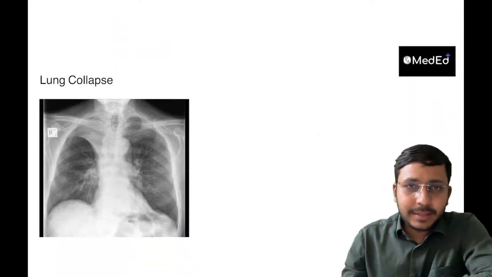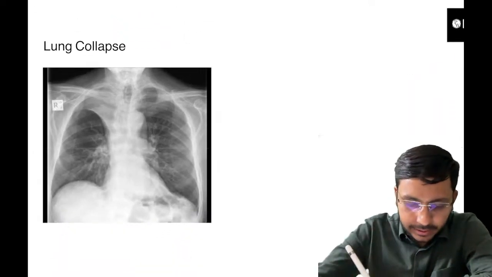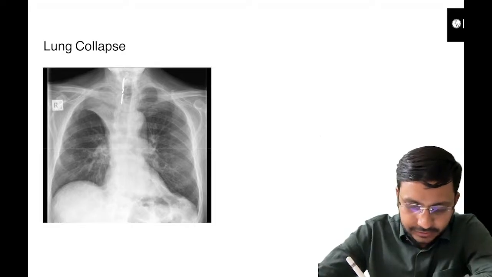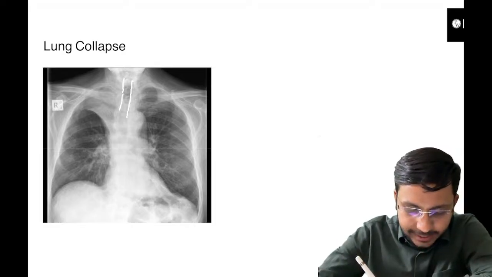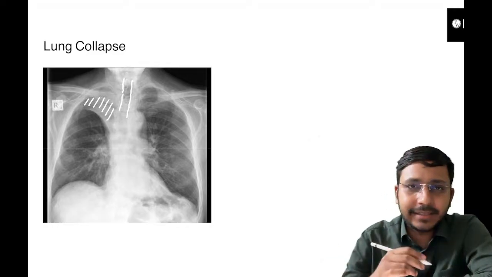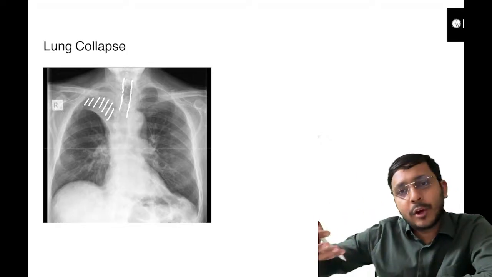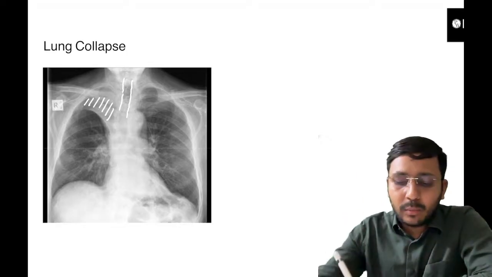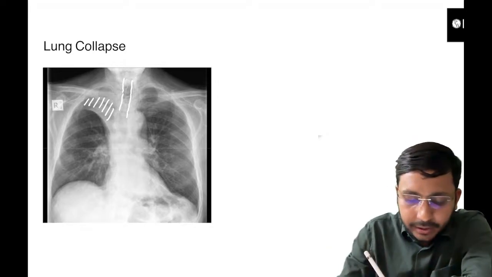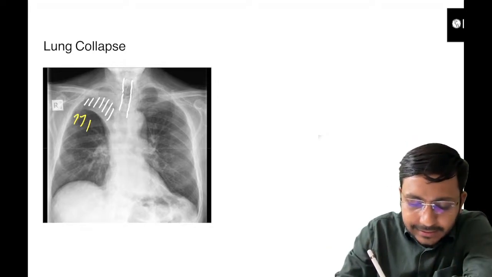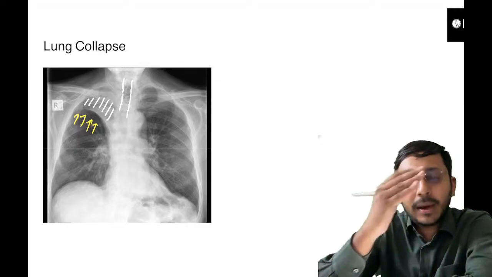Now look at this picture. Lung collapse. Again the trachea is deviated to the side of radiopacity. Radiopacity is on the right side, trachea is also deviated to the right side. That means something is pulling it. What is this? Collapsed lung is pulling the trachea. And what is the other pointer to a lung collapse? I can see that the minor fissure is pulled up.